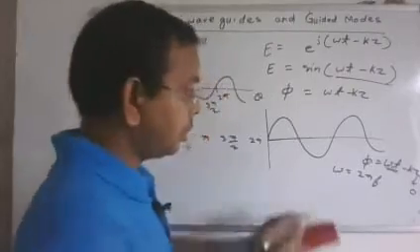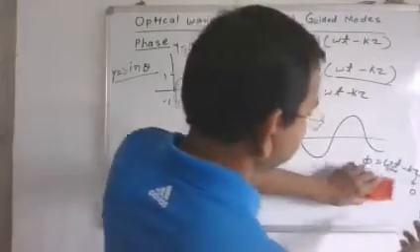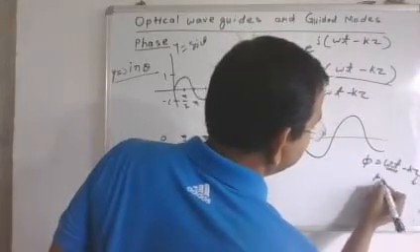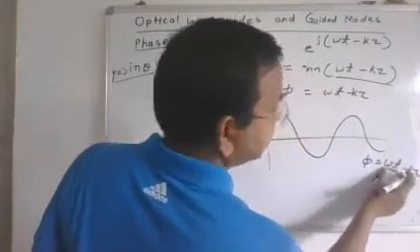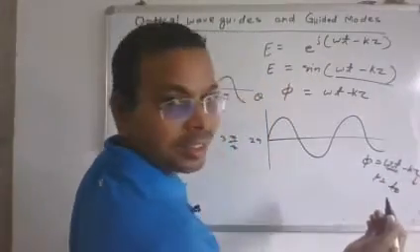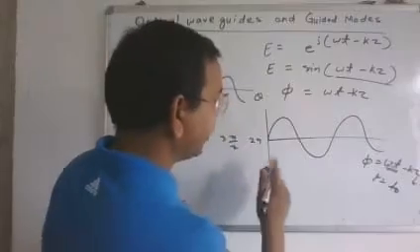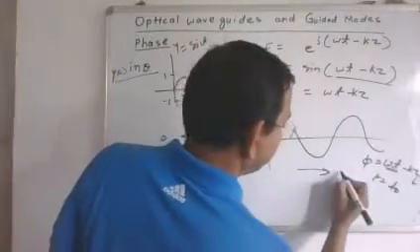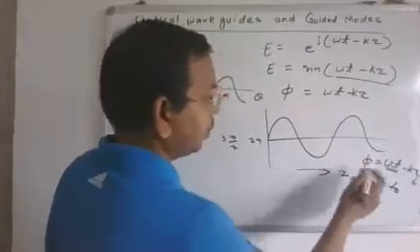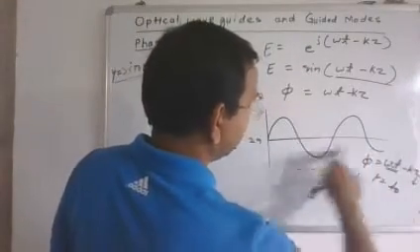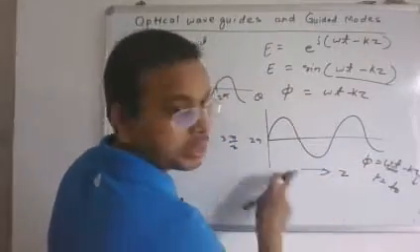Now suppose we have fixed the time at some fixed time, say t equal to t naught. This term is not going to change. Then phi becomes a function of space, z. Then what happens at any fixed time? Suppose this is the z direction now. So phi is a function of kz, and k is constant, so this direction is proportional to z now.